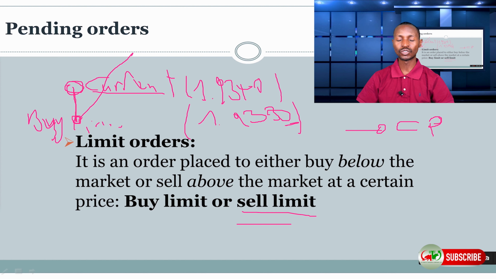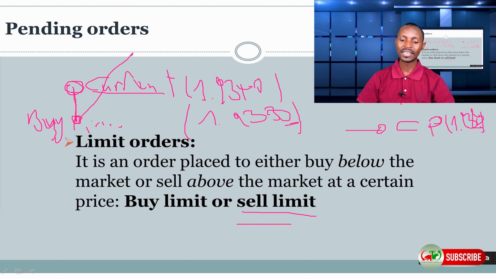And you have no time to watch your screen all the time to make sure that the price will hit this level, let's say 1.2330, and the current price is 1.2320, for example.